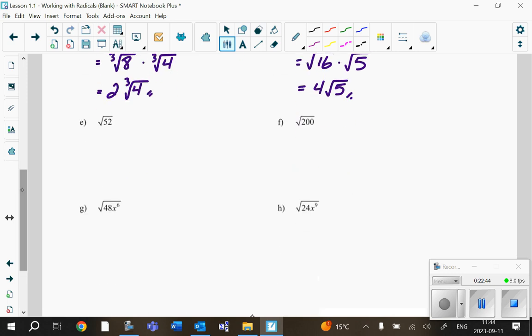How about this next one? Yeah, root 4 times root 13. 16 doesn't go into this one. 4 is the highest. So it becomes 2 root 13.